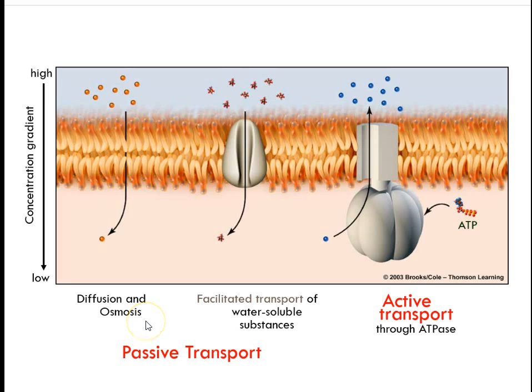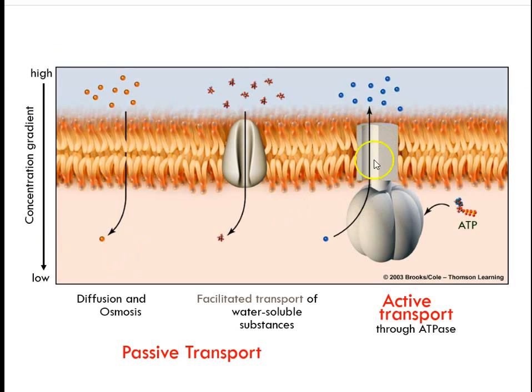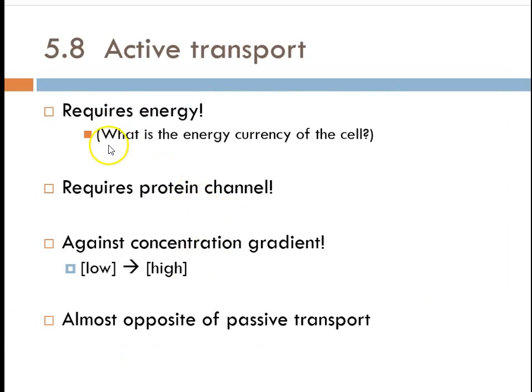But there's one more method that we can use to move stuff into or out of the cell, and it's called active transport. Active transport definitely requires a protein, and it's going to require energy. The energy that it requires is in the form of ATP. It goes against the concentration gradient.